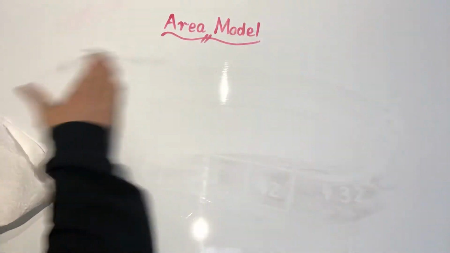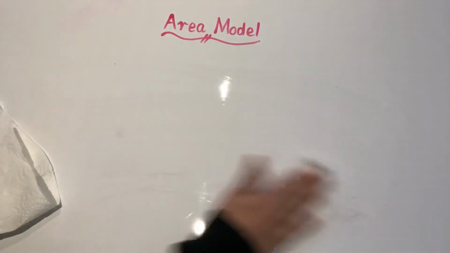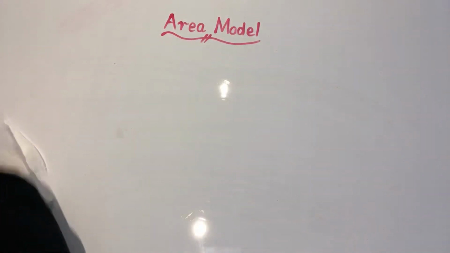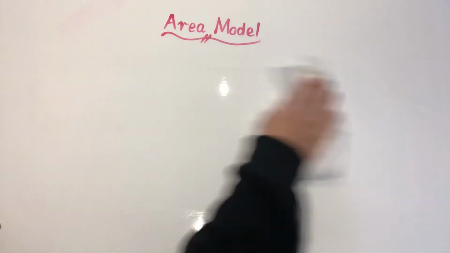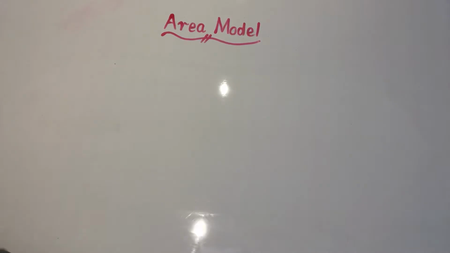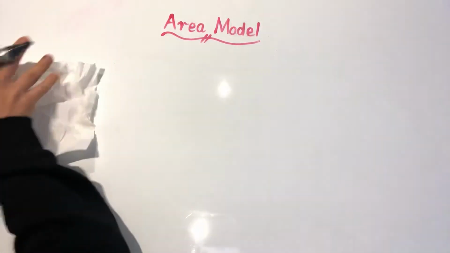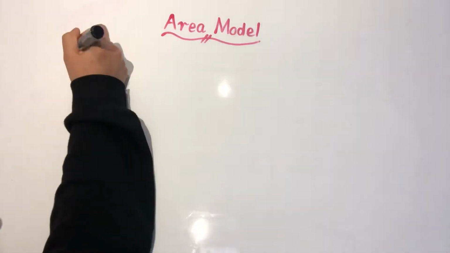With this method, you can solve larger problems, and it can be 3-digit, 4-digit. You would just have an extra part in your picture when drawing your area model. So we'll try a little bit of a higher number.